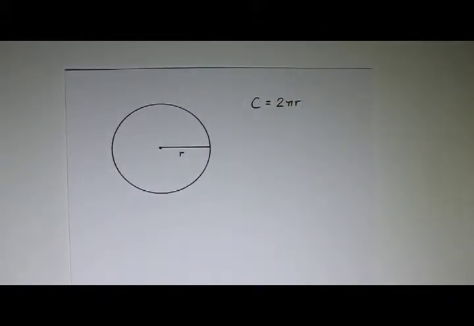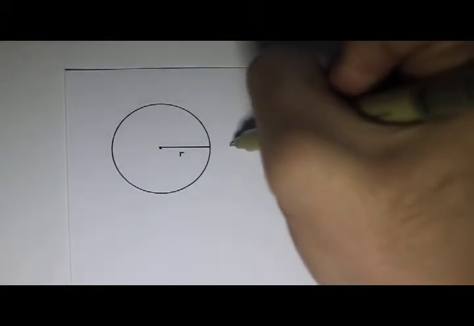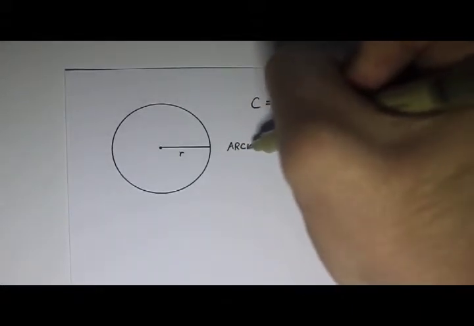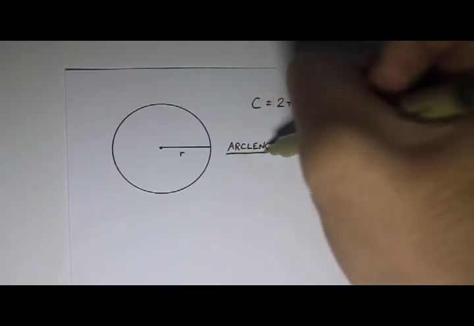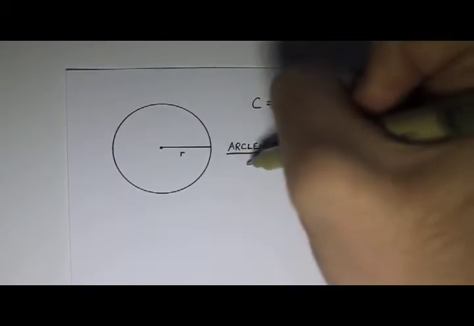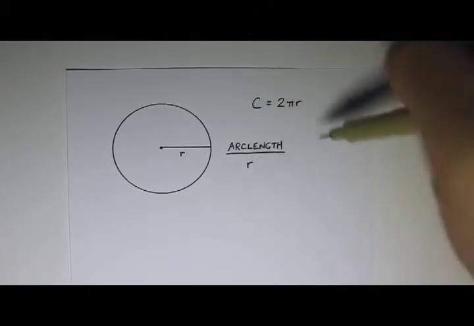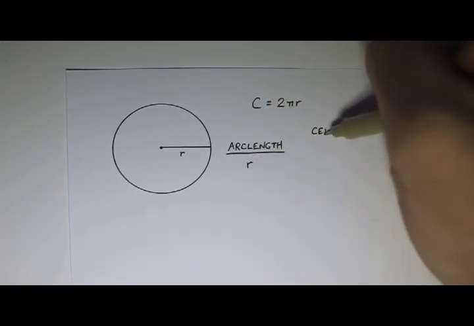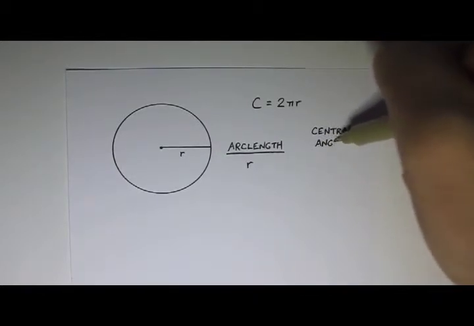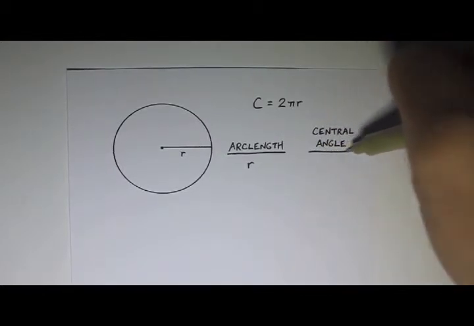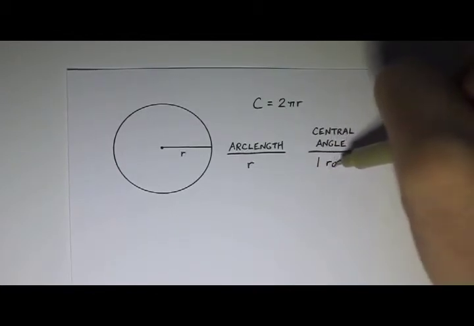And we know from before that when my arc length was equal to r, then the measure of that central angle was equal to 1 radian.